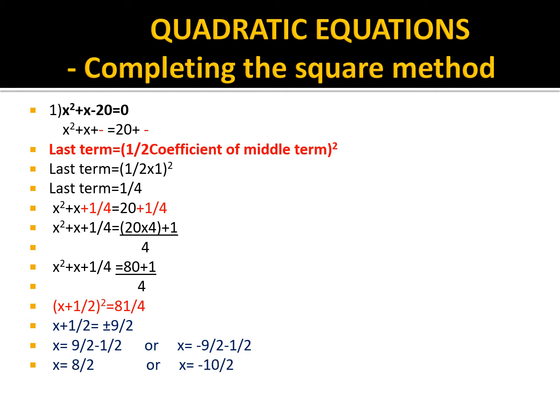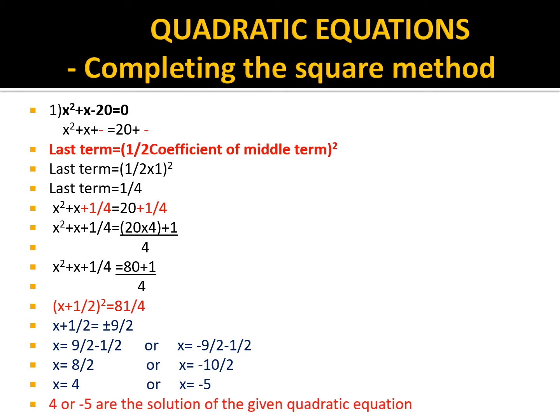When we simplify this further, we get x is equal to 8 upon 2, or x is equal to minus 10 upon 2, which on simplification gives us x is equal to 4, or x is equal to minus 5. Hence, 4 and minus 5 are the solutions of the given quadratic equation.